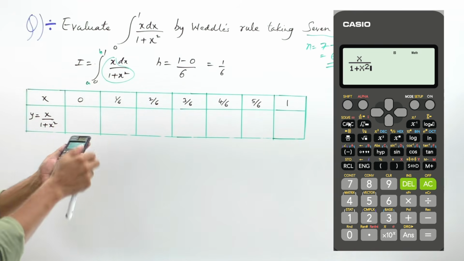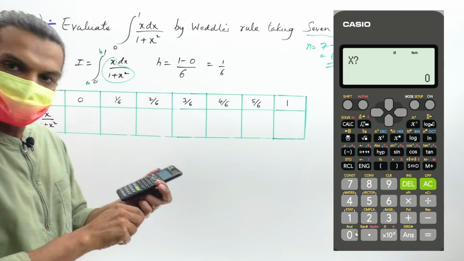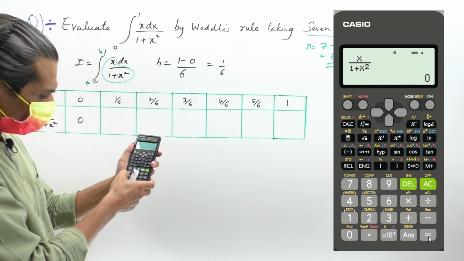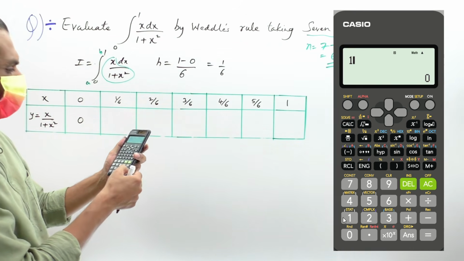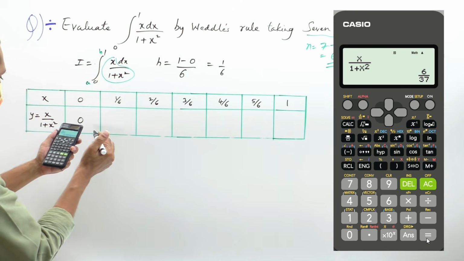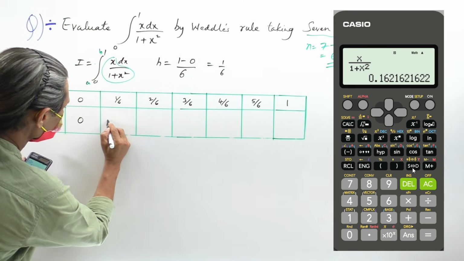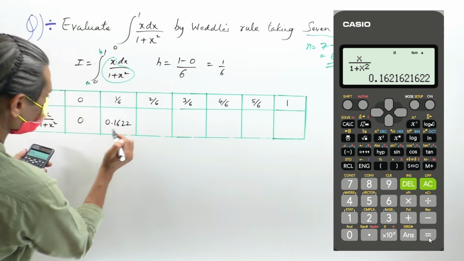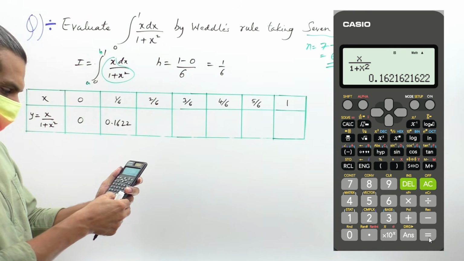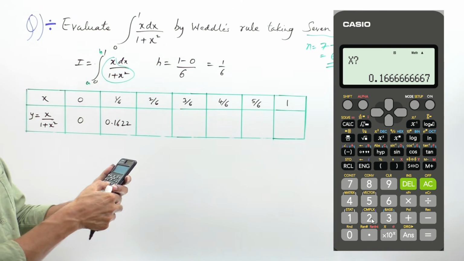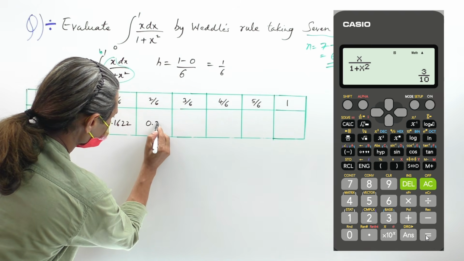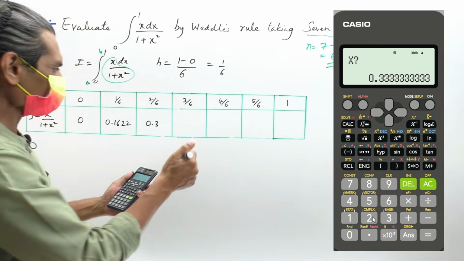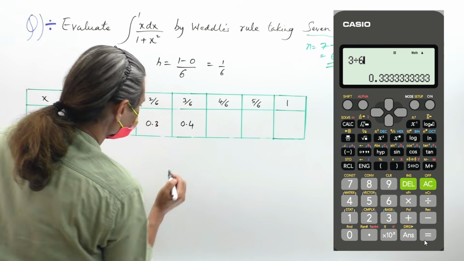Now 0 equals, it's simply 0. Next, 1/6: simply press equals, 1 divided by 6 equals, it's 6/37, that is 0.1622. Again, 2 divided by 6 equals, it's 3/10, that is 0.3. Again, 3 divided by 6 equals 2/5, that's 0.4.